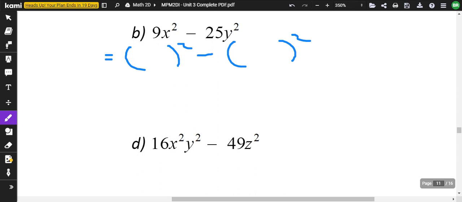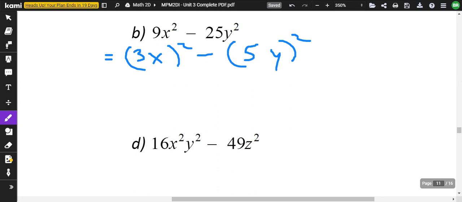Well, the square root of 9 is 3, which means 3 squared would be 9. Okay. And x squared would be x squared. Now, 25y squared. There's going to be a y in the back because y squared is y squared. 25 would need there to be a 5 here. 5 squared is 25.